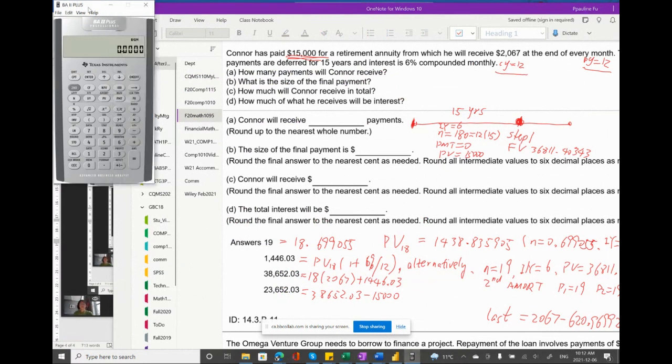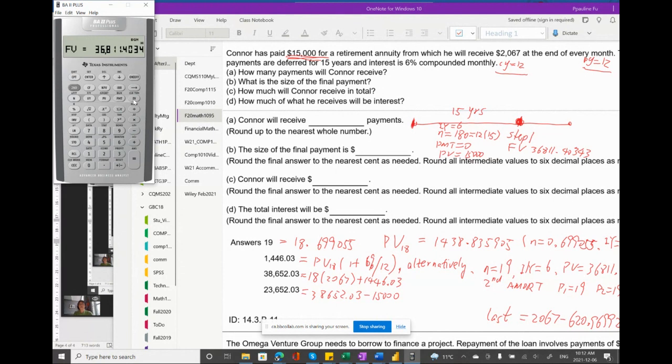So after that, 180 is the term N. 6 is interest. Present value, negative 15,000. 0 is PMT.